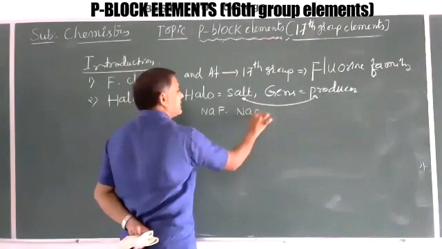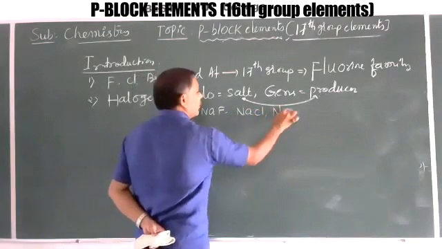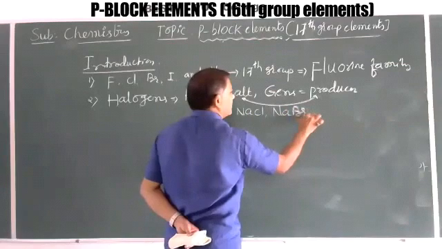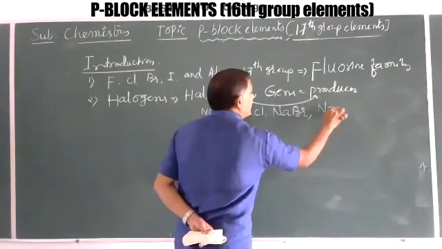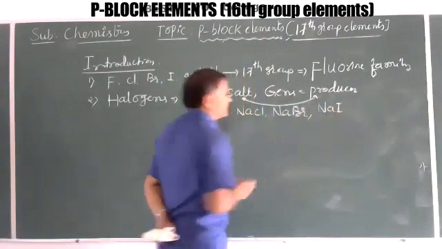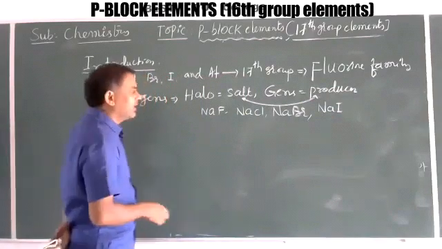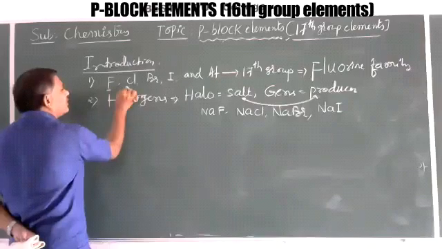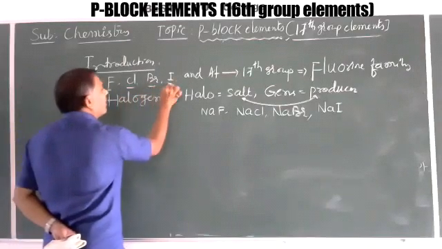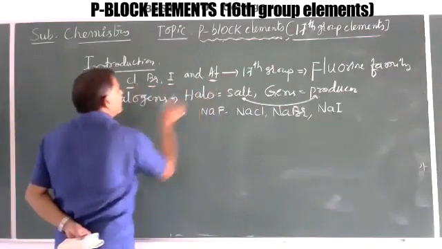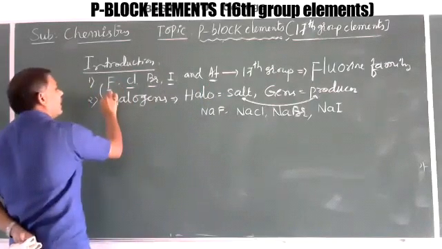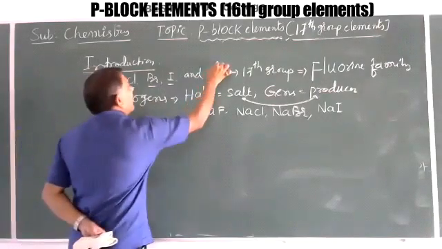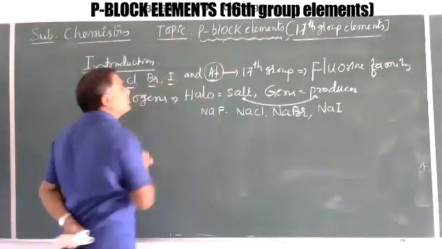Sodium chloride is a salt. Sodium bromide is a salt. And sodium iodide is a salt. That's why all these group elements like fluorine, chlorine, bromine, iodine and astatine are collectively called halogens. Astatine is a radioactive element.